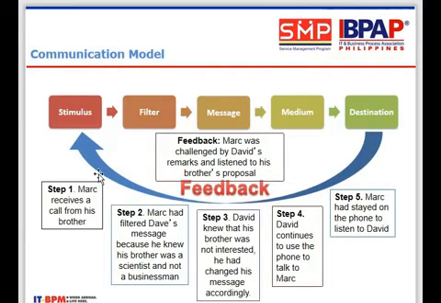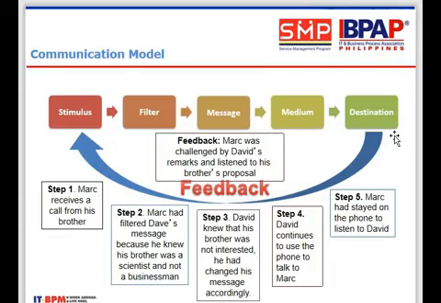And Mark as his brother advises David that David, or his brother, was a scientist and not a businessman. So that was the reaction that was given to David from his brother.